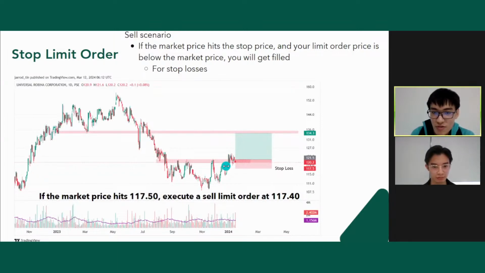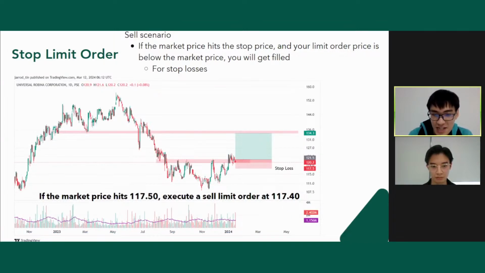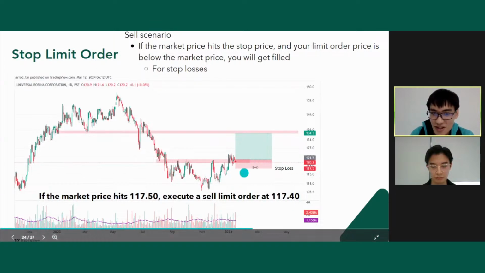So what you would do is you place your stop price for the sell stop limit order at 117.5. So if it hits 117.5, you execute a sell limit order at 117.4. So bale, price can go up and down, pero kapag tumama na sa 117.5, it will cut your losses na kasi you have a sell limit order at 117.4, which will sell it down, then it will get you out of the position immediately. Diba? So, ganun siya.